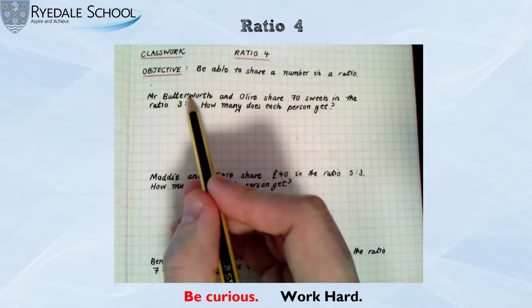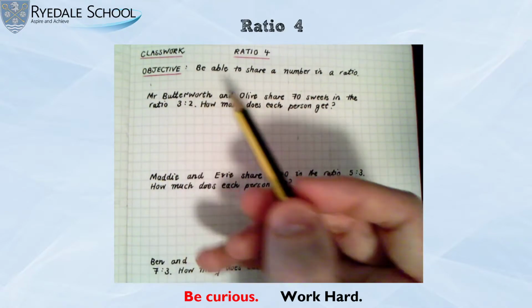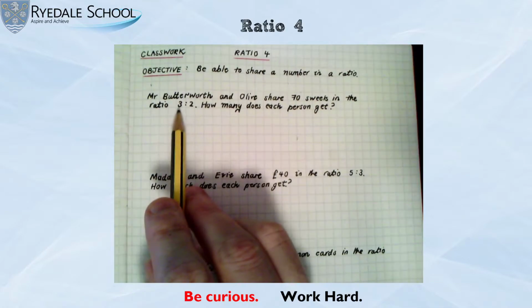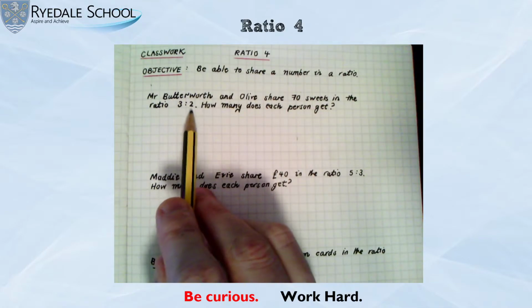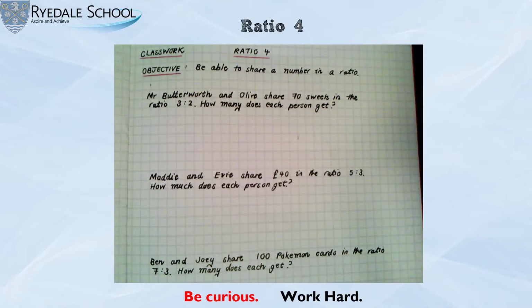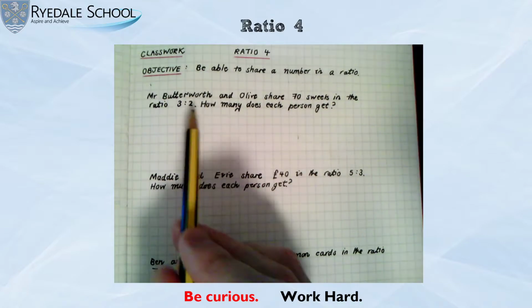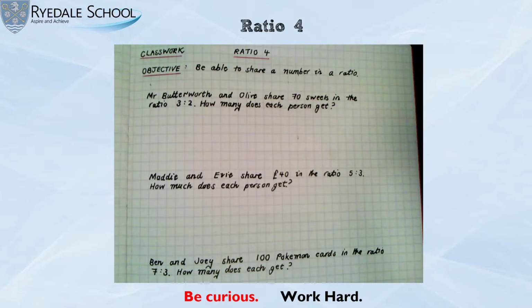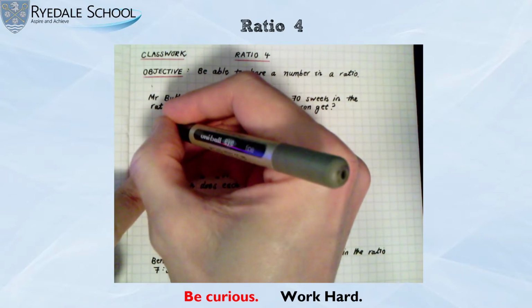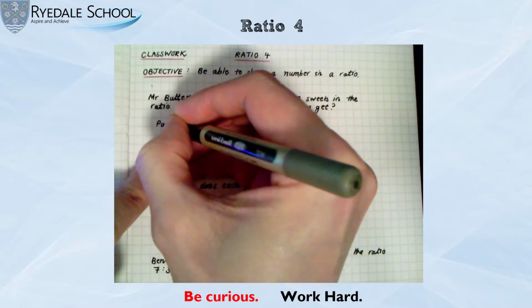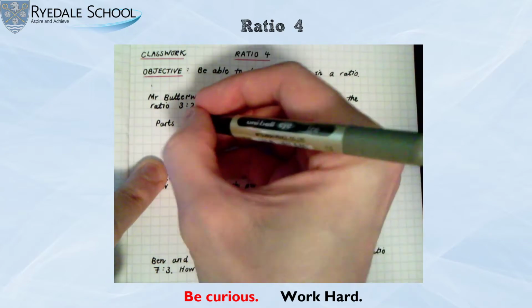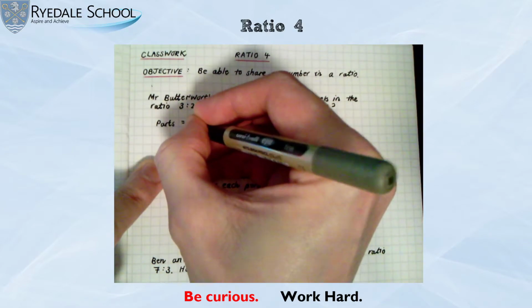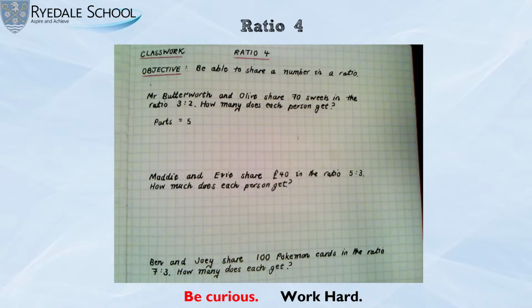Now, this ratio, 3:2, comprises 3 parts for me and 2 parts for Olive. So in total, that is 5 parts. So the number of parts altogether is 5, of which I'm getting 3 and Olive is getting 2.